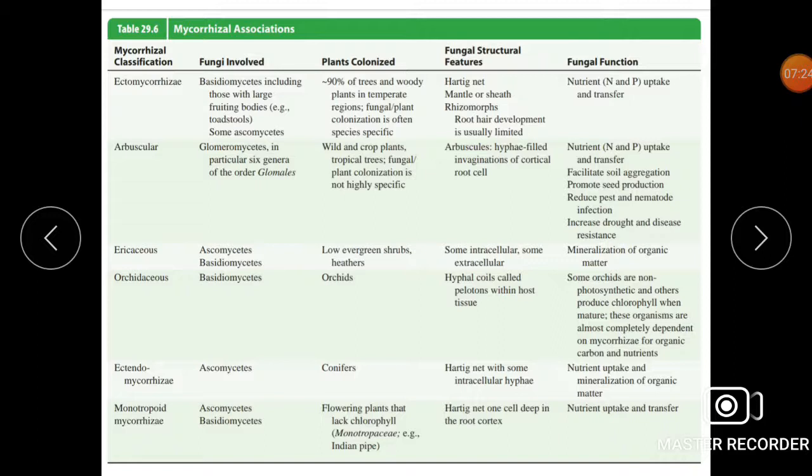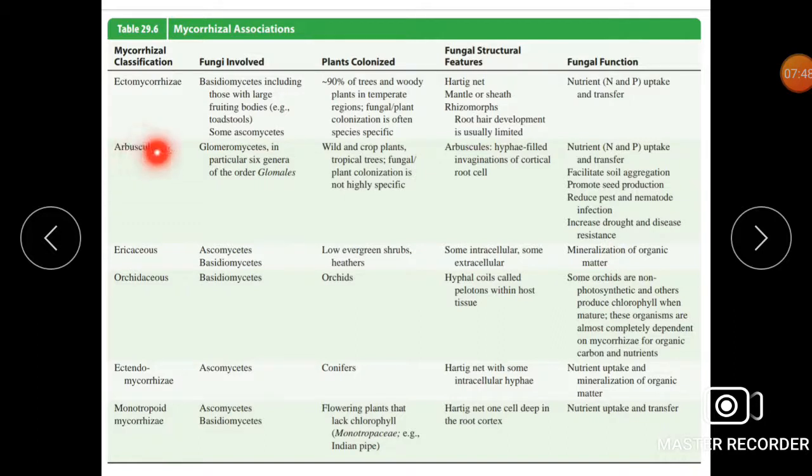Fungal and plant colonization is often species specific, and the fungus structure features are Hartig net and mantle or sheath, rhizomorphs. Root hair development is usually limited. The fungal function is nutrient production, that is nitrogen and phosphorus uptake and transfer.